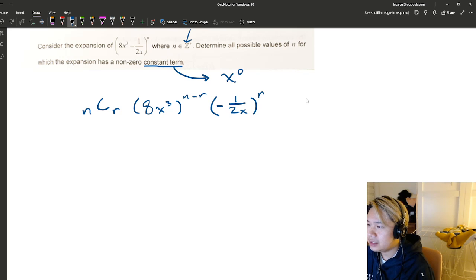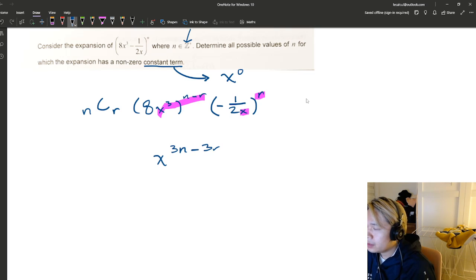So what we can do is just look at the powers of x. This one here and this one right here, and we can find out when we will have x to the power 0, a constant term. So if I multiply this exponent of 3 in with this other exponent, I get that.